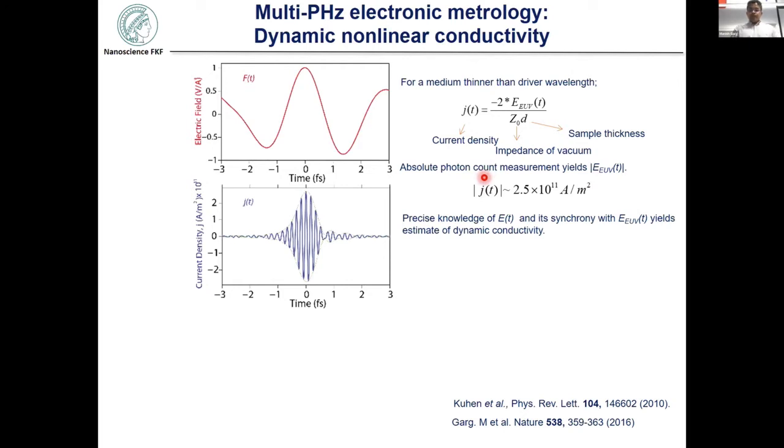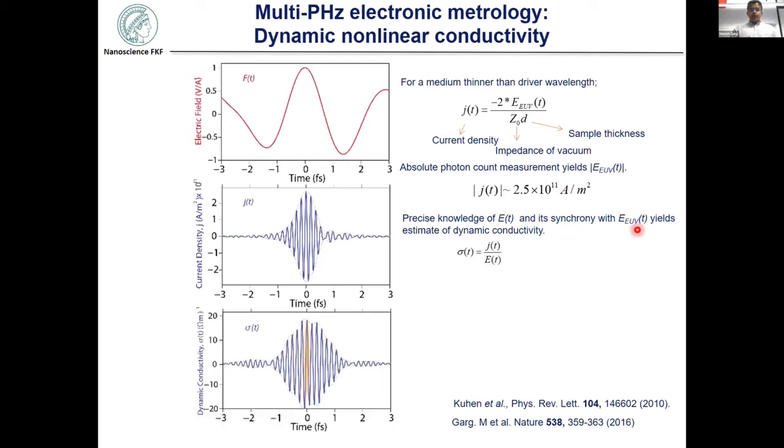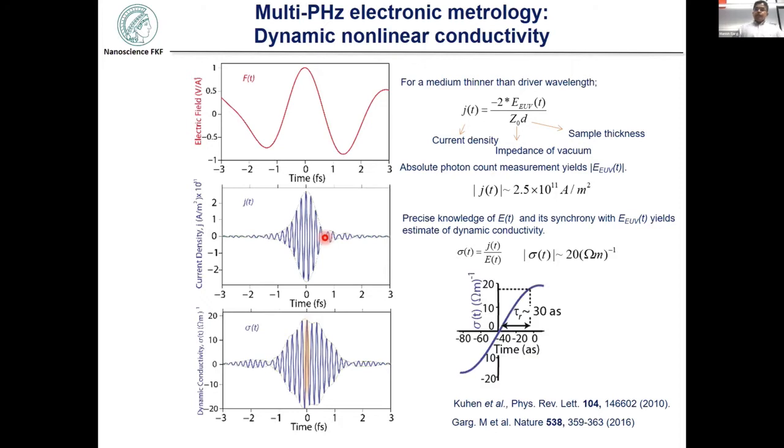And now with the precise knowledge of the driving field with respect to the EUV pulse, we can estimate the dynamic conductivity, and we can see that the dynamic conductivity changes to an extremely big number in a very short amount of time.